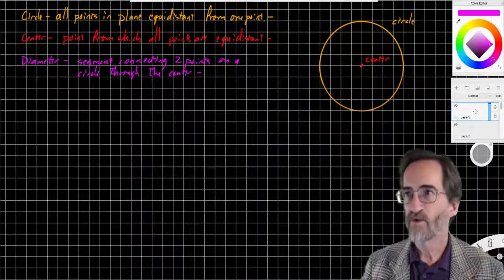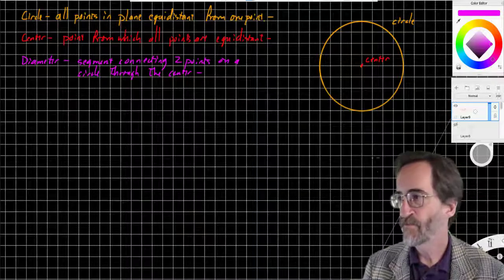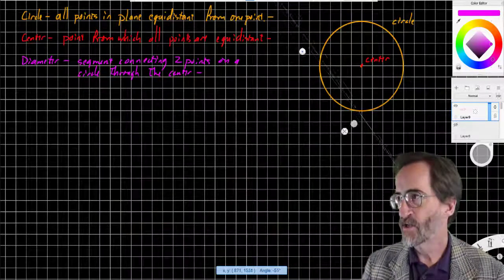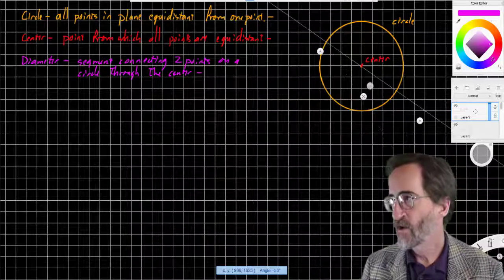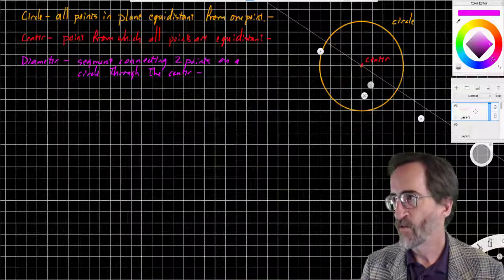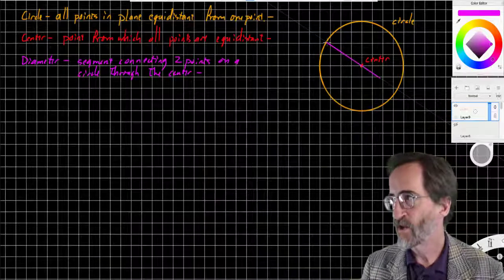Okay, so it's got to go through the center. That's a diameter. I was going to say it's a chord drawn through the center, but chord's not one of our words, so we won't take the time to define it yet.